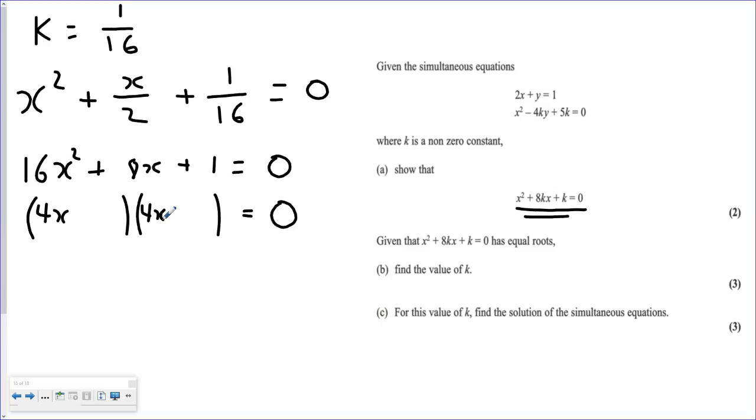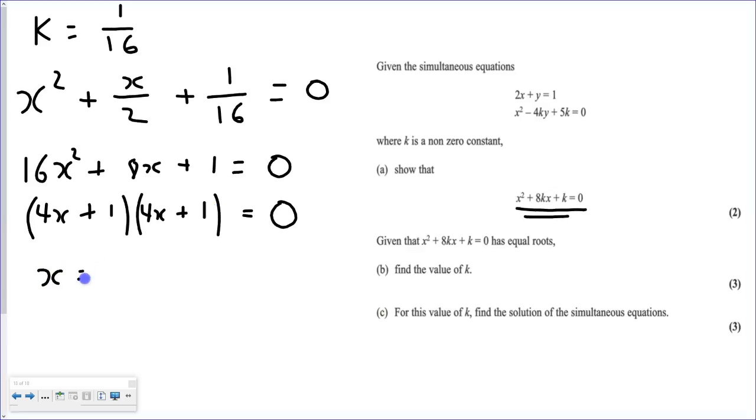But because you know it's got equal roots, there's only going to be one solution, so you're going to have the same in both brackets. So it's got to be a 4 because that's the only term that's going to be the same. And also you want to make the 1, so it has to be a 1 as your other term in the brackets. So you could also write that as 4x plus 1 all squared equals 0. There'd be a number of other ways you could solve this, but this is just one of them.